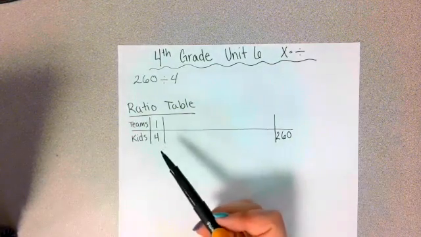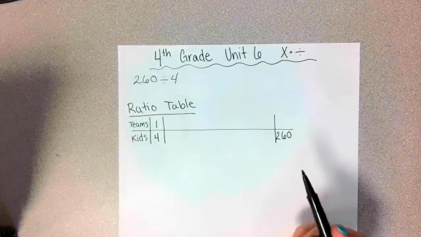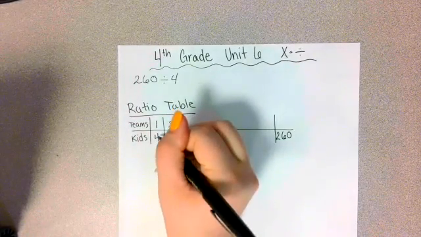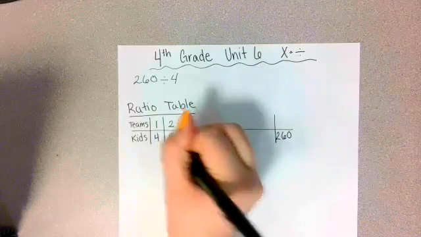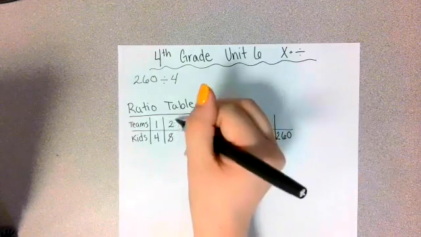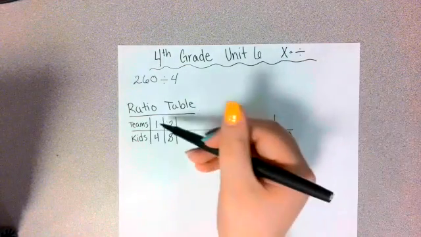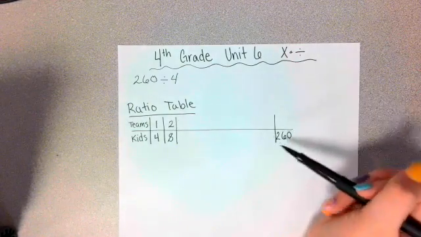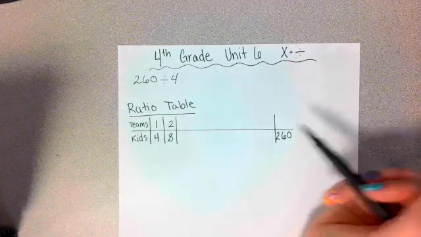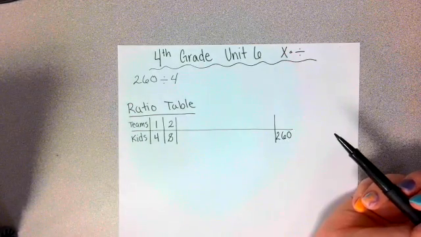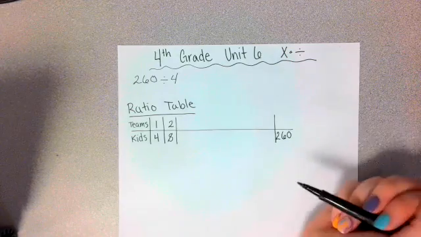So as a ratio table, we would use just our normal multiplication and think about, I know 2 times 4 is going to get me 8. So 2 groups with 4 kids each would be 8. Now, obviously, I can keep going 1, 2, 3, 4, 5, but it's going to take me a long time to get to 260. So I might jump around on this ratio table and think, what's going to get me closer?